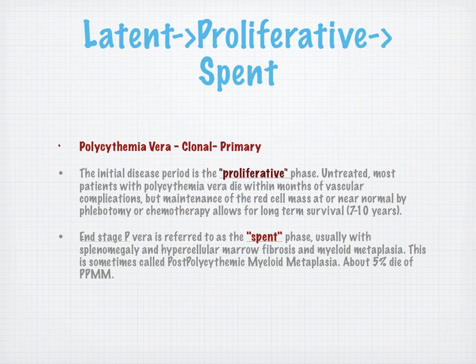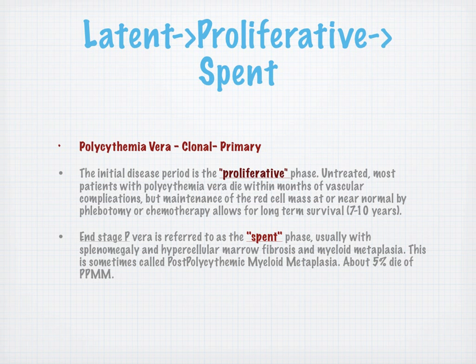But maintenance of the red cell mass somewhere near normal by either phlebotomy, I'm taking out some of those red cells, or chemotherapy, I'm going to kill some of them off, allows for long-term survival. And long-term is defined as 7 to 10 years, which, you know, doesn't sound like a very long time to me, but it is in this case.